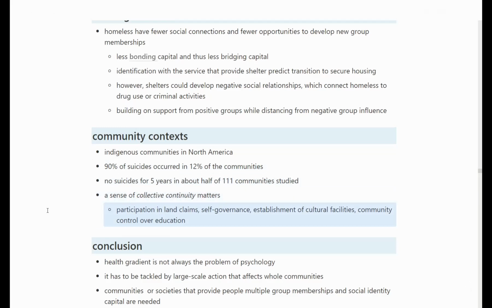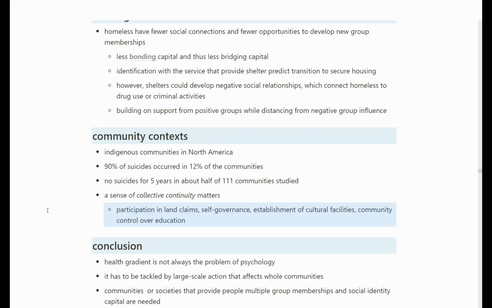So when the community participates in land claims or self-governance or establishment of cultural facilities, and community control over education, then they can maintain the collective continuity. Because indigenous communities are always facing the problem of their culture being washed over by the North American culture.